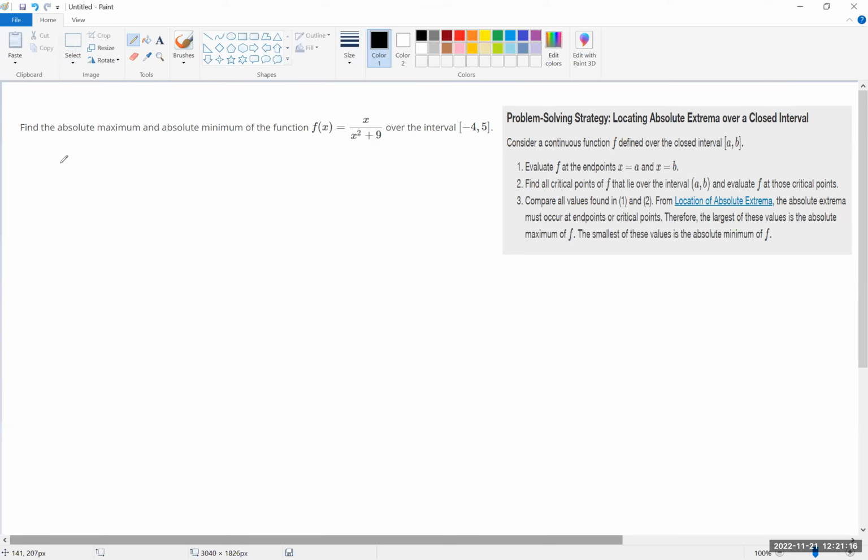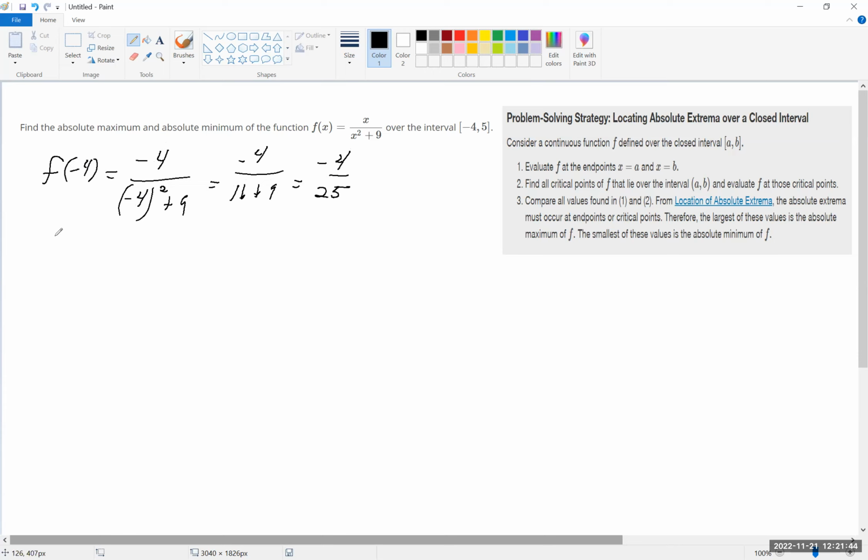So we have to find f of -4. So that's -4 over -4 squared plus 9. That's -4 over 16 plus 9. That's -4 over 25.